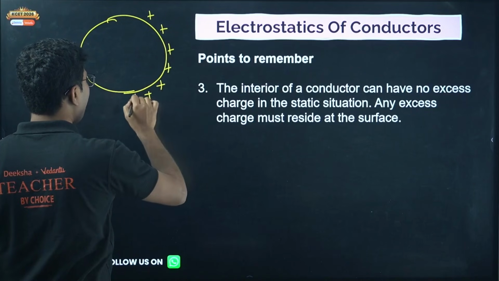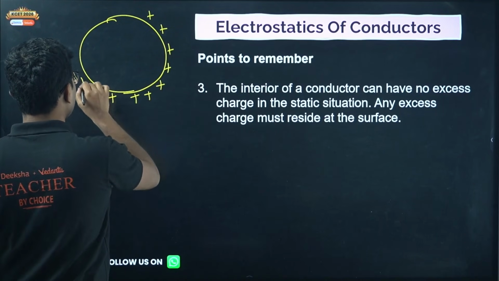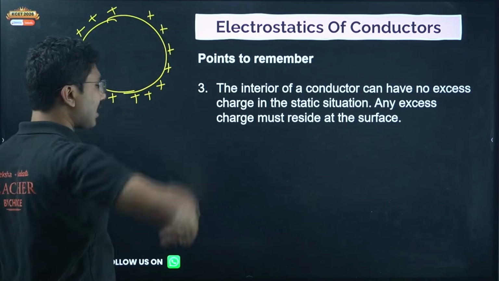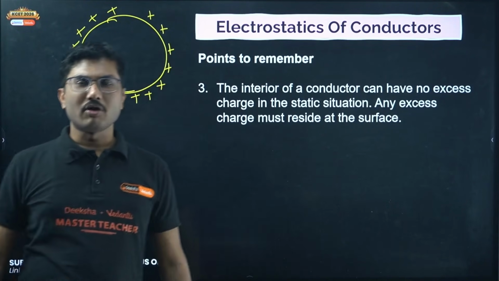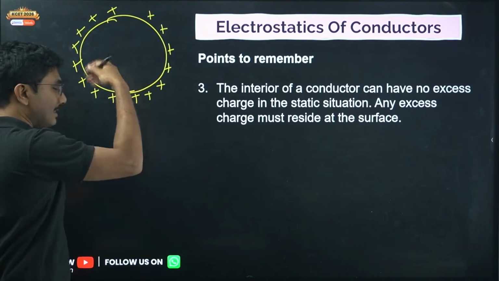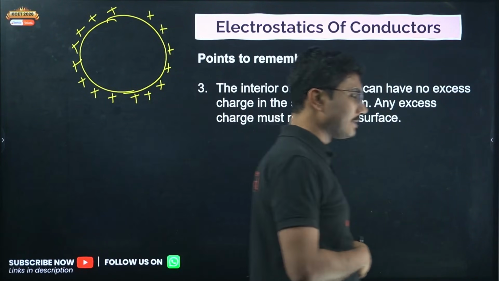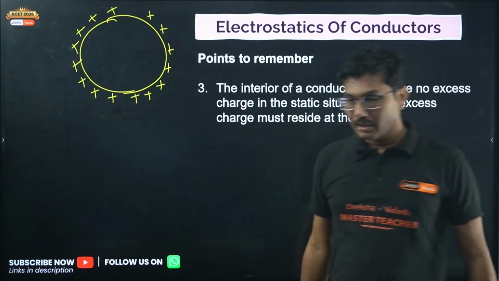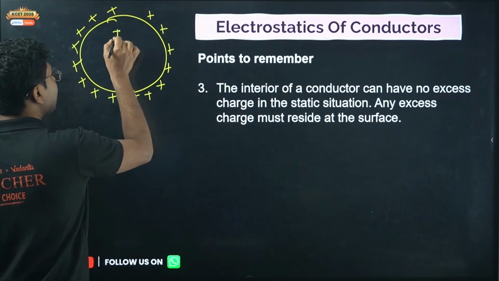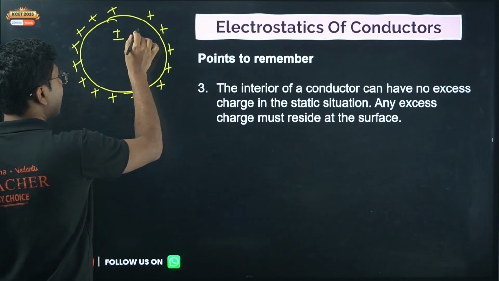Like ping pong balls floating on water. Charges will always stay on the surface, the charges cannot go inside. They are not allowed inside. Excess charges are not allowed. The inside part of a metal is not charge free, but if there is a positive charge, there is an equal number of negative charges as well.